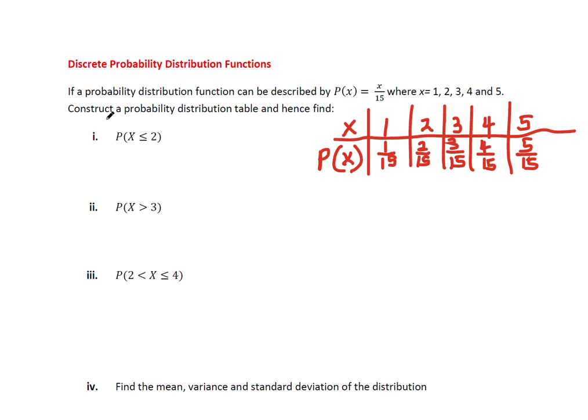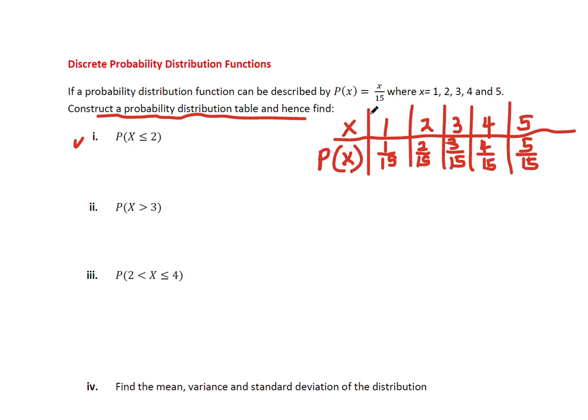So having come up with the first thing that the question asks us for, which is to construct the probability distribution table, we're now going to find the probability that x is less than or equal to 2 from this probability distribution function, a discrete probability distribution function described in the form of a table.